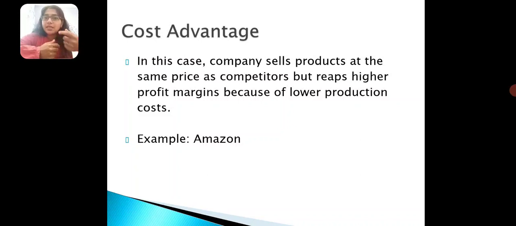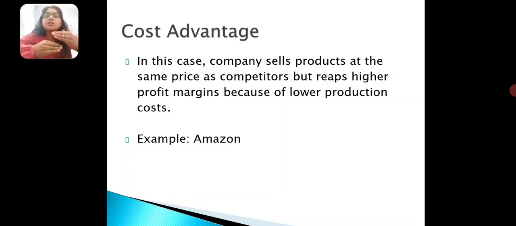Maybe you are giving the same quality or even the better quality. The price is same, but you are having an advantage of a greater profit margin because your cost of production is low. That means you have discovered a way, or you are operating at an optimum production scale where you are keeping your costs lower.